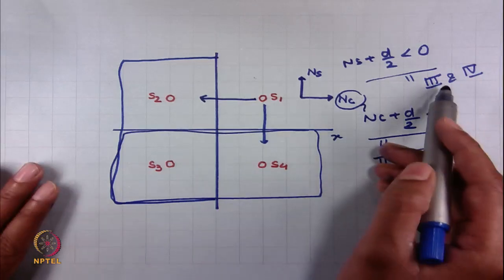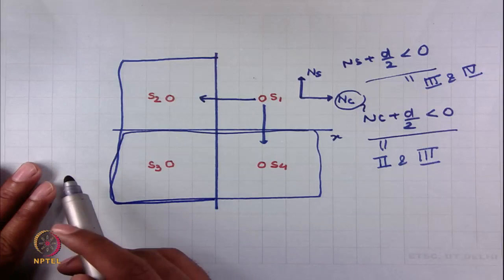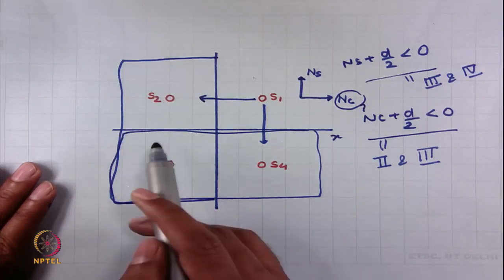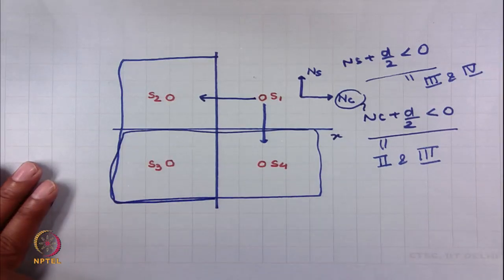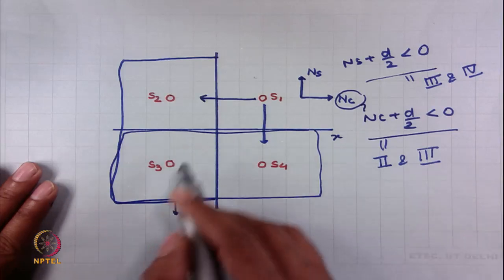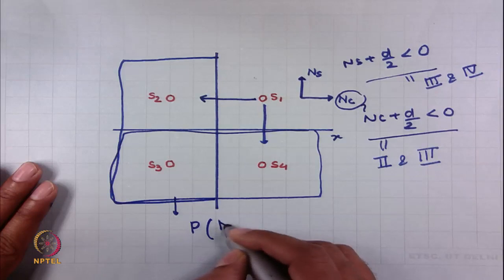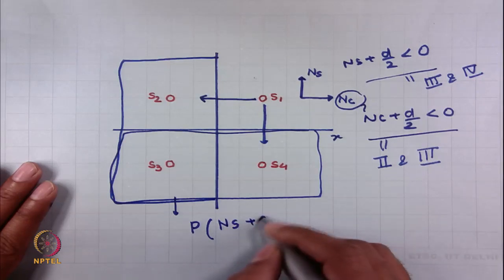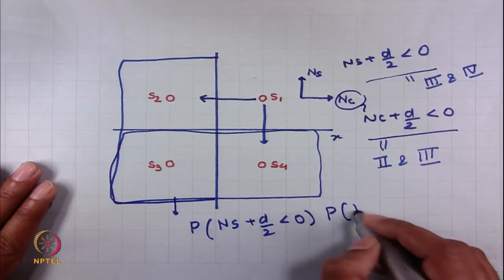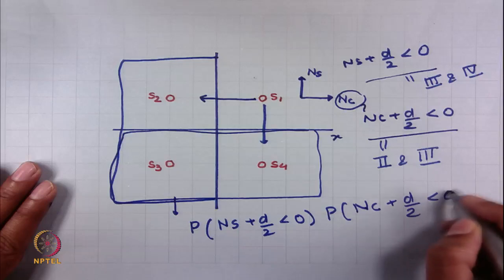Now, we are calculating the probability of the received value being in the third quadrant twice, and thus you have to subtract the probability that the received value is in the third quadrant. Okay. And what is that probability? The probability that the received value is in the third quadrant is simply the probability that NS plus d by 2 is less than 0, and at the same time NC plus d by 2 is also less than 0.